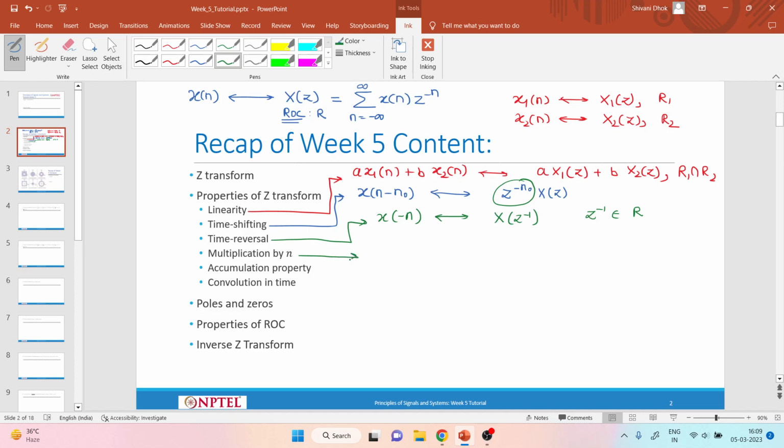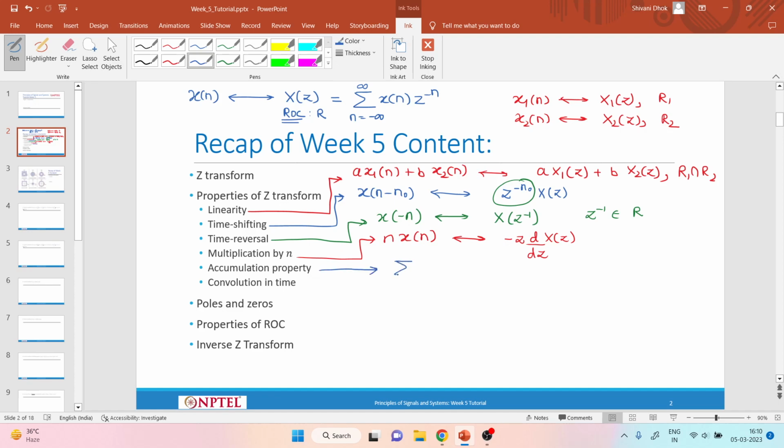Next property is multiplication by n. So it says that if I have something like this, that is n into x of n will have the Z transform as minus z d/dz of x of z. Next property is accumulation property.